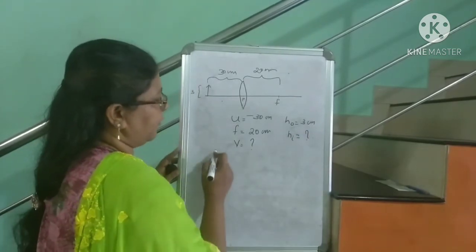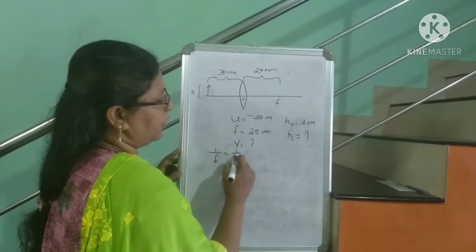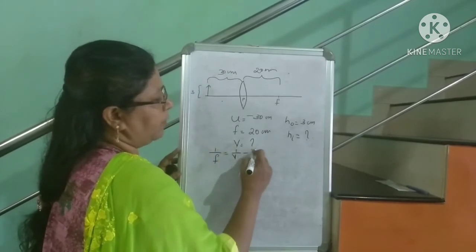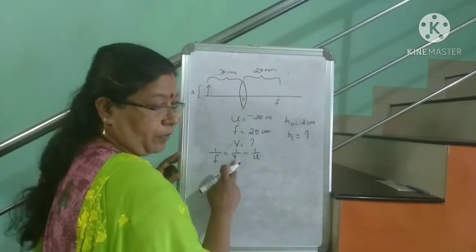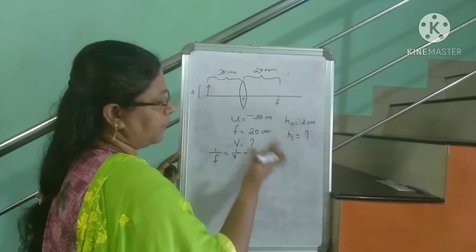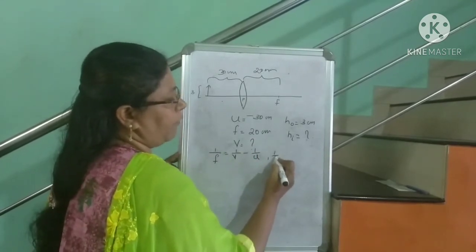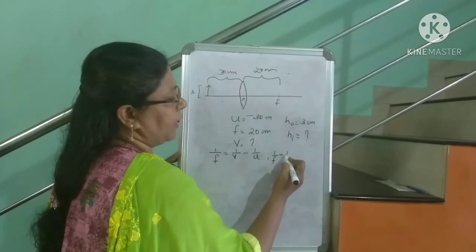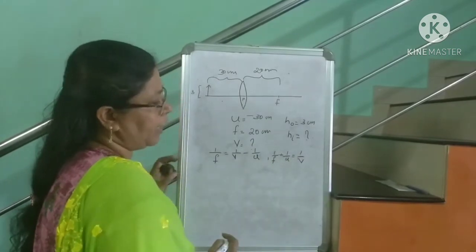So what is the lens formula? Lens formula is 1 by f is equal to 1 by v minus 1 by u. You have to get v. So you will take this minus 1 by u to the other side. What will it become? 1 by f plus 1 by u is equal to 1 by v.